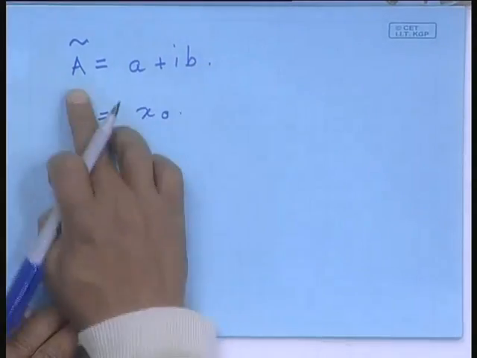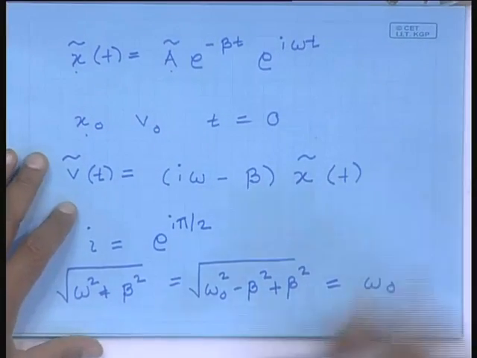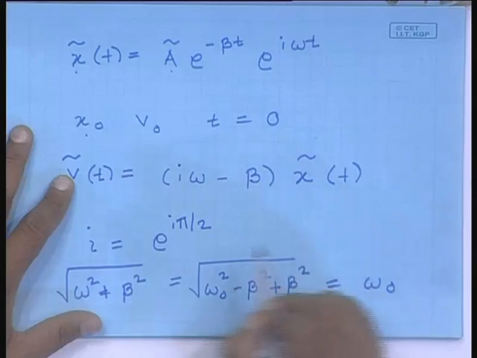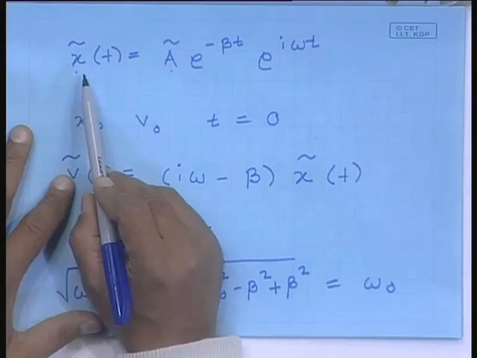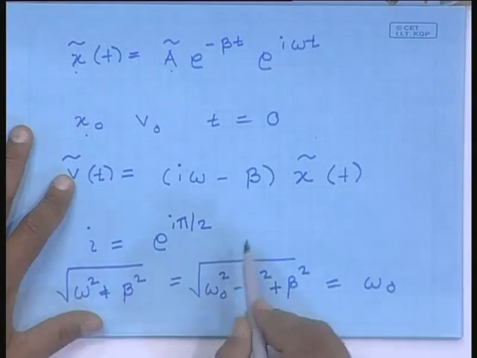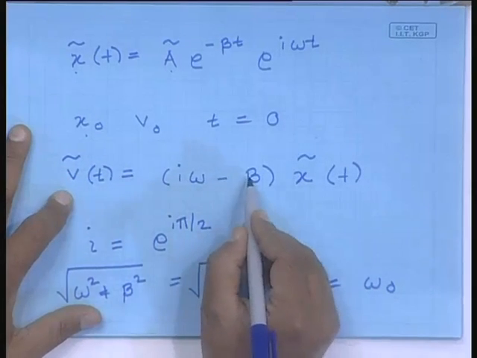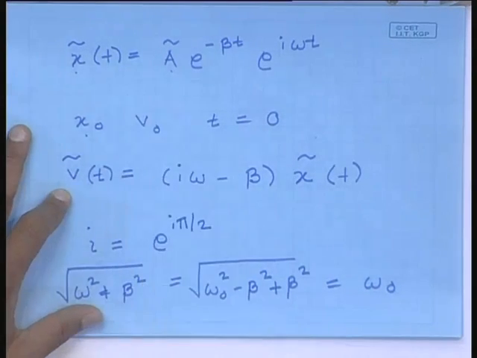In order to determine B, we have to look at the expression for the velocity at t equal to 0. At t equal to 0, x tilde is essentially A tilde. So, the velocity is i omega minus beta into A tilde.